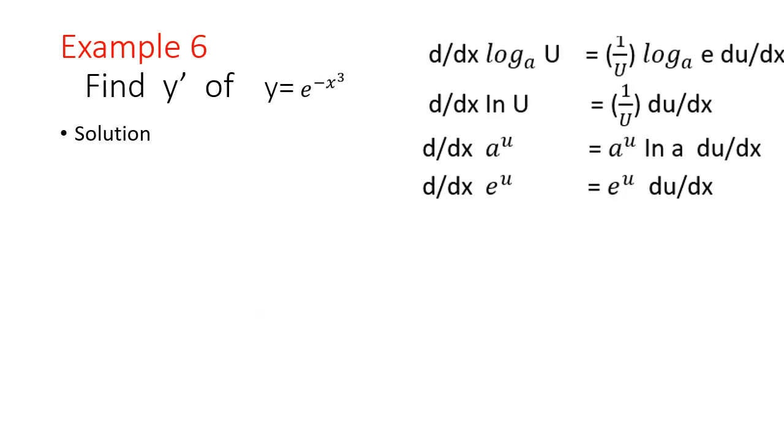Find y prime of y equals e to the minus x cubed. So y prime equals e to the minus x cubed times minus 3x squared, equals minus 3x squared e to the minus x cubed.